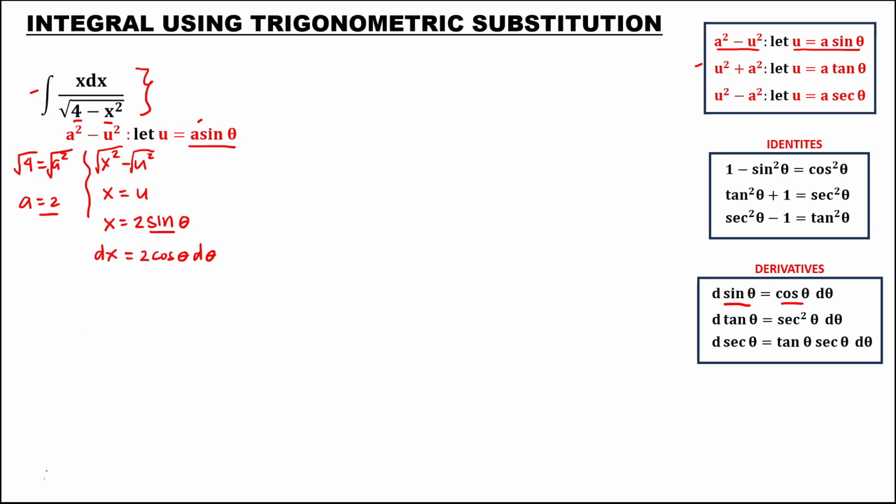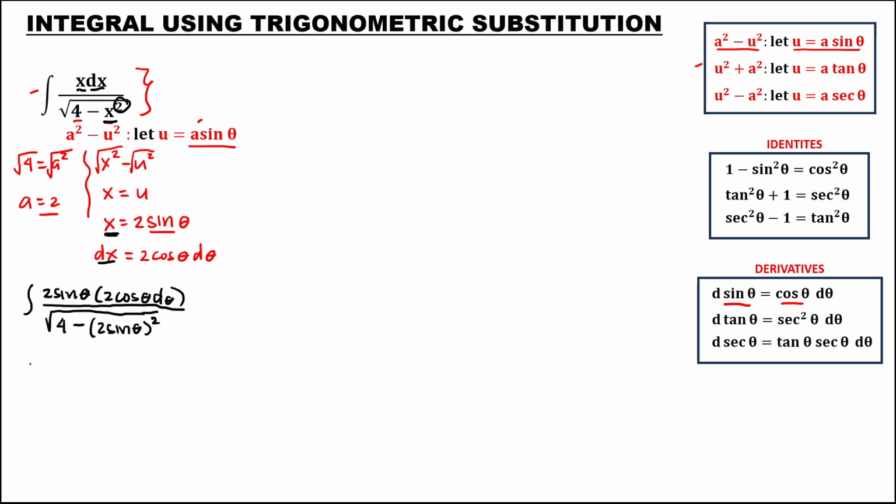So this becomes the integral of x, and x is equal to 2 sine theta, times dx, and dx is 2 cosine theta d theta, over the square root of 4 minus x squared, and x is 2 sine theta, to the power 2.